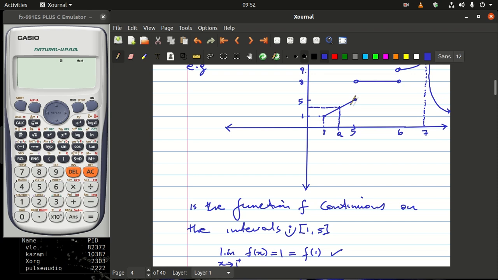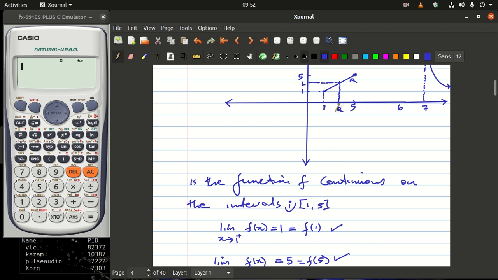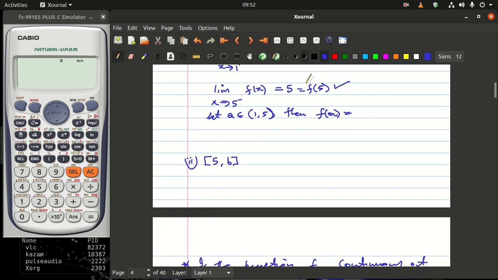I'm just going to call that value L. So if I'm looking at f of a here, what is the output of the function when x is equal to a? As I go to the function, the output is going to be some value L. You can choose a different letter, but the variable that I chose is L.